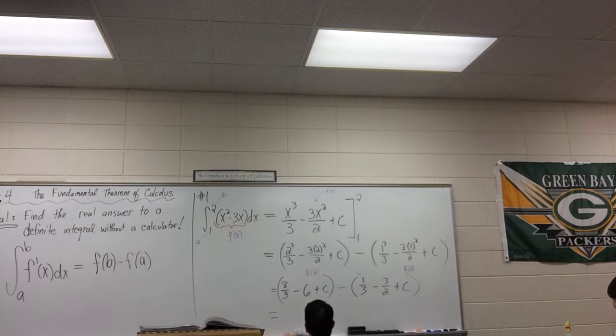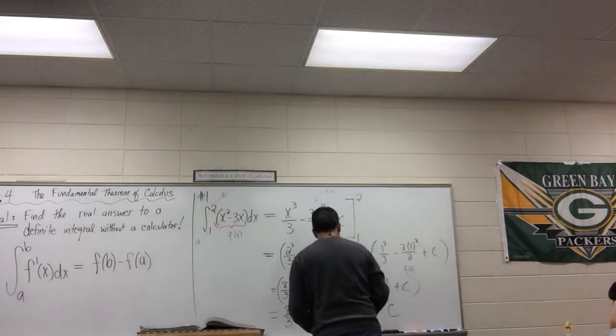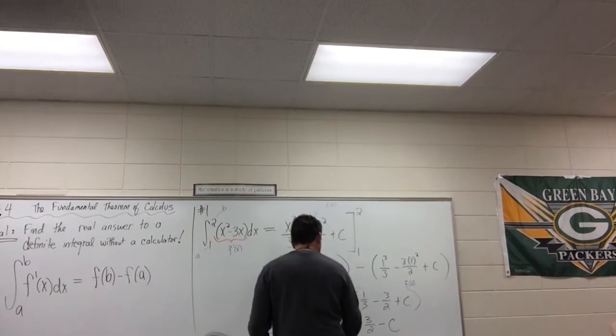And what do I got? I guess I'm just going to write it out. 8/3 minus 6 plus c. Then I'm going to distribute the negative here. So it's minus 1/3 minus 3/2 minus c. Plus 3/2. Thank you.